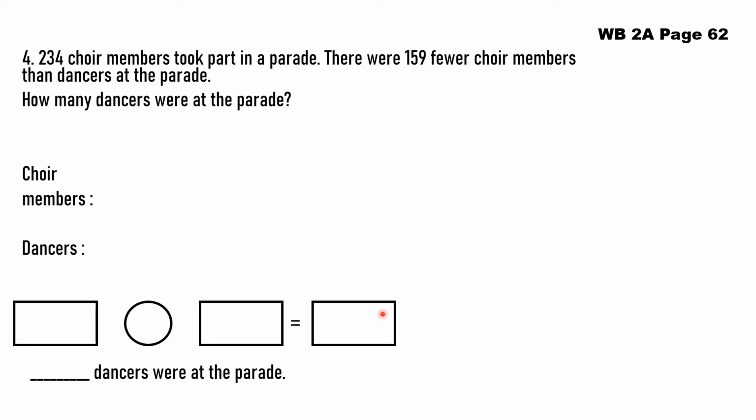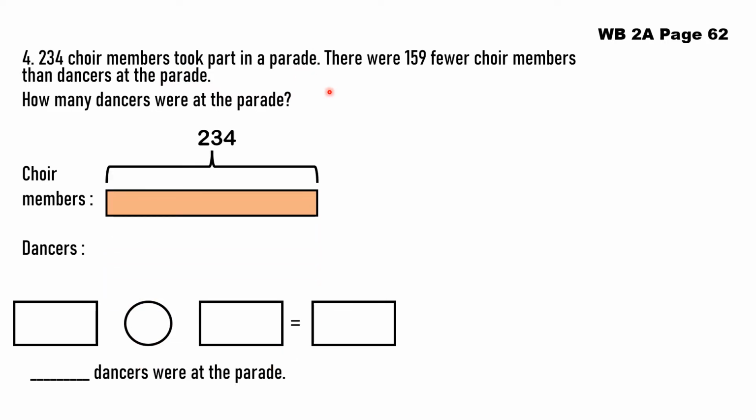So now let's go to question number 4 of page 62, where you have 234 choir members took part in a parade. There were 159 fewer choir members than dancers.